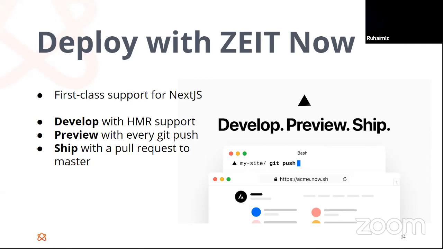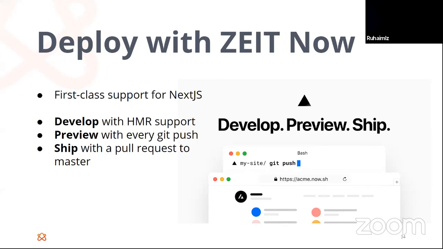And with preview, if you have your code in a Git repository connected with Zeet Now, you are able to preview that in a dashboard within Zeet Now. And as soon as you are happy with the changes, you could just push your pull request into the master branch of your Git repository, and it would get automatically deployed based on whether that page was a statically rendered page or a server-side rendered page.